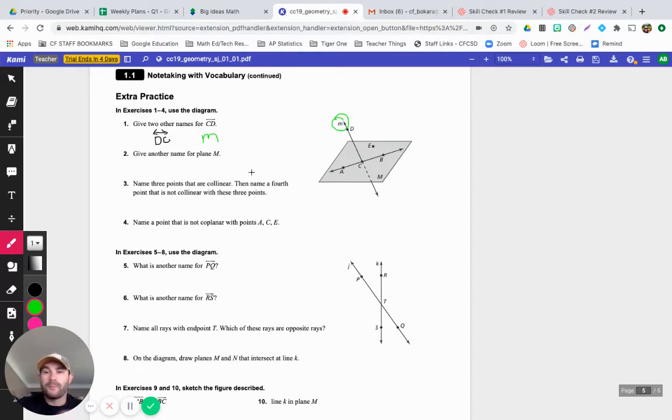Points that are on the same line, according to our vocab, are called collinear points.